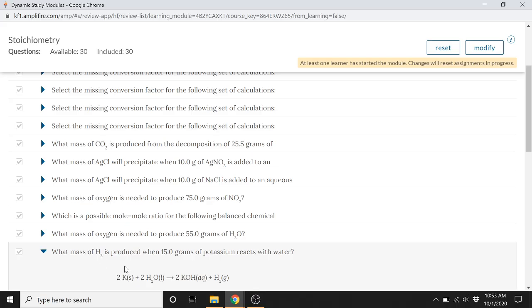So, by the way, when I do these problems, I normally don't do the math first. What I do is I set the problem up for everything. So I would keep the 15 grams, and I would divide it by the mass of K, and I would keep that like that. And then I would multiply that, and I'd set up my next relationship.